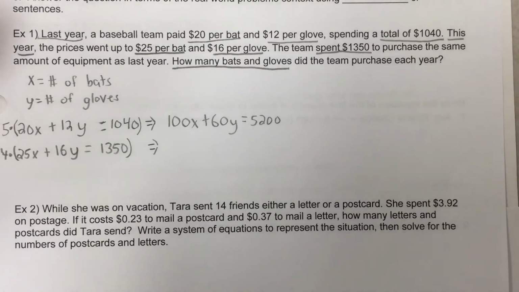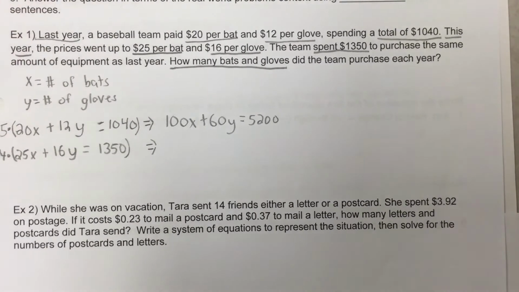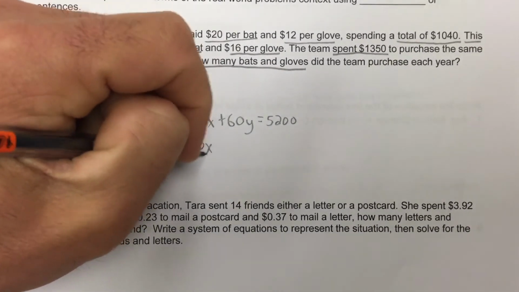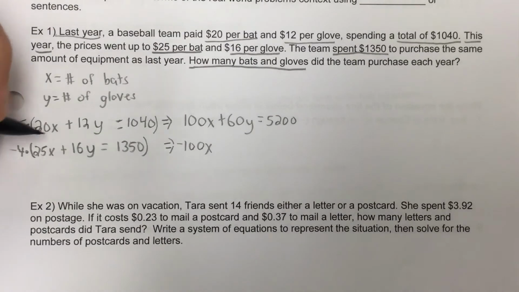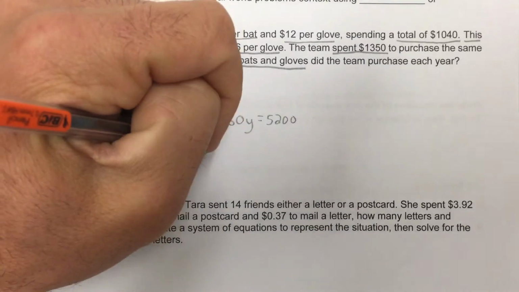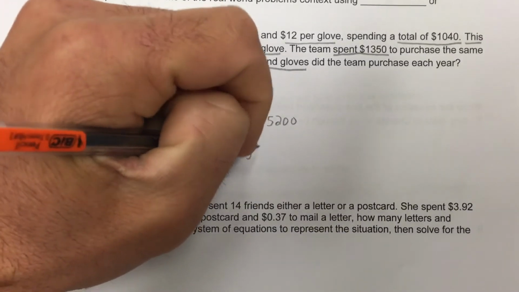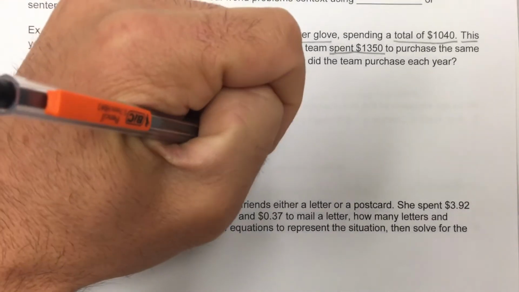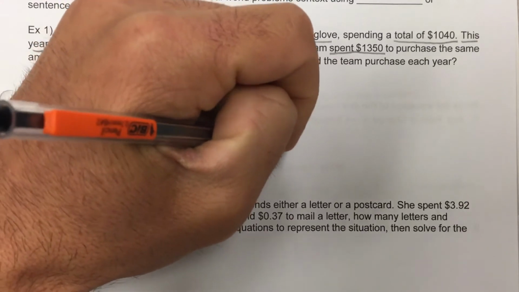So negative 4 times 25 is negative 100x. Negative 4 times 16 is negative 64y. And then 1,350 times negative 4 is negative 5,400.